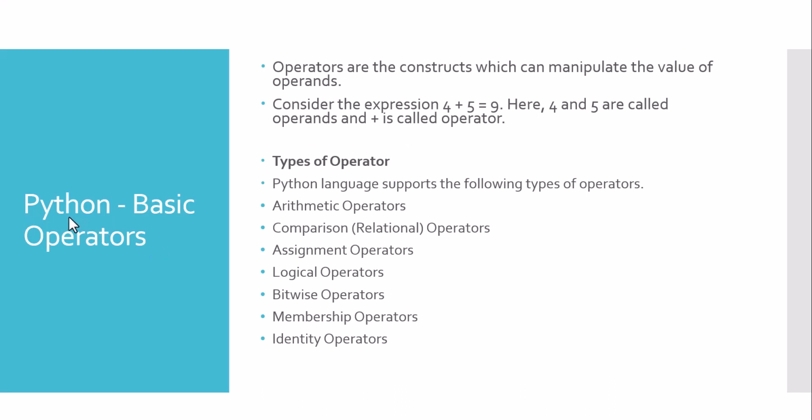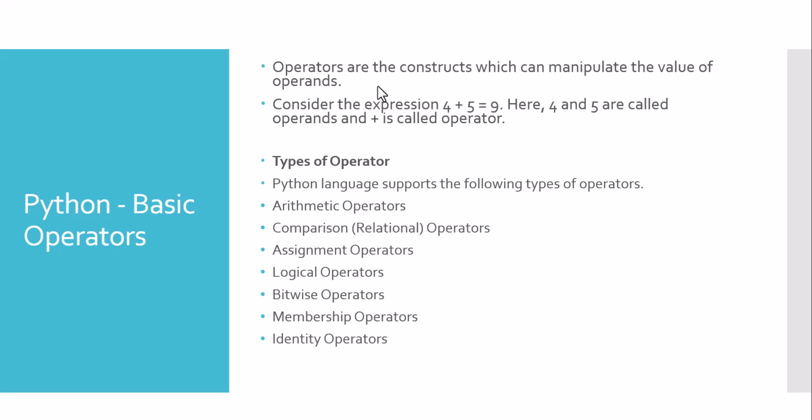Basically here, Python basics: operators. In this section we are going to learn how many types of operators there are, and what basically an operator is. Operators are the constructs which can manipulate the value of operands. If two operands are there, the operator manipulates the value of the operands.